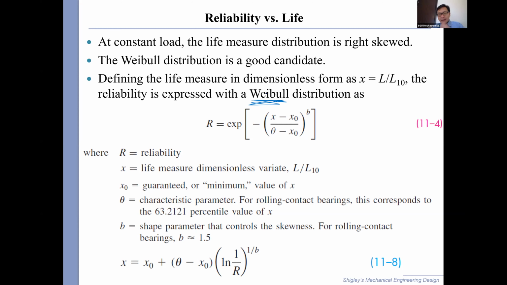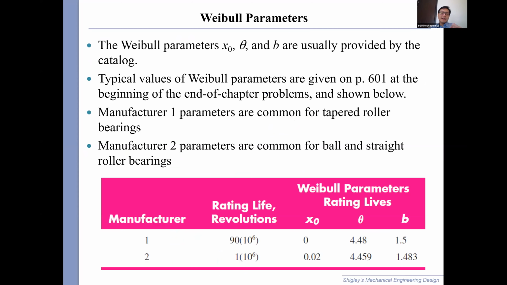Did you learn this in statistics yesterday? Not yet, Pak. Okay. Weibull is a type of distribution. I don't need to talk about it here, but the point is we're going to use this model.